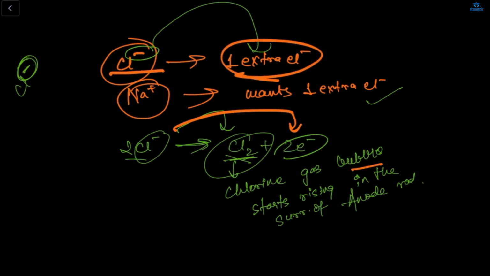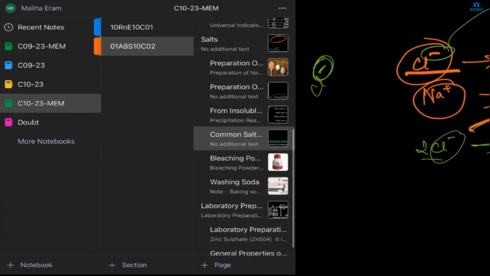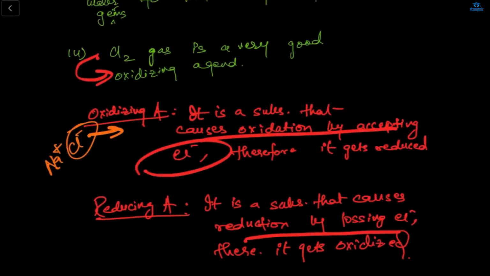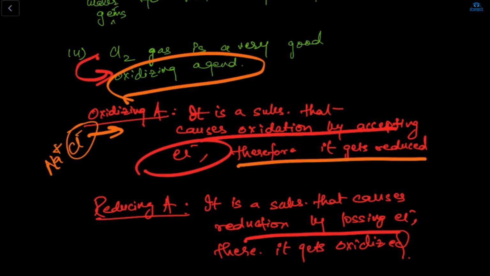If it's having one extra electron, it wants to get reduced. It wants to distribute its electrons. So here it makes sense that Cl2 acts as a very good oxidizing agent. Therefore, it gets reduced. This part you got, why Cl2 is known as oxidizing agent.